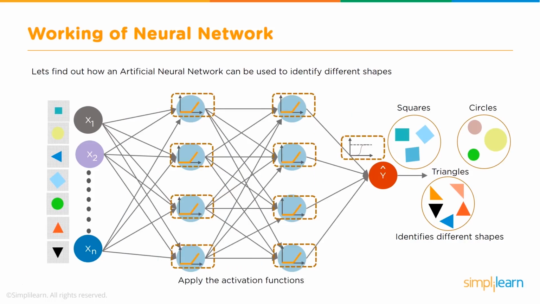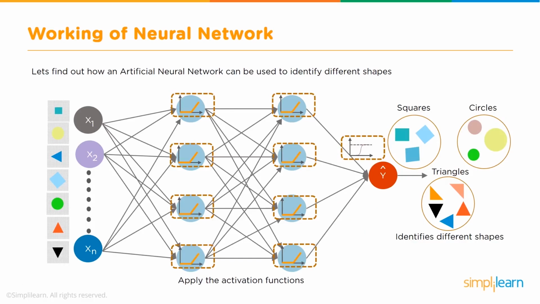Alright, then there is something known as activation function. One of the components in neural networks is the activation function, and every neuron has an activation function, and there are different types of activation functions that are used. It could be ReLU, it could be sigmoid, and so on and so forth. The activation function is what decides whether a neuron should be fired or not.